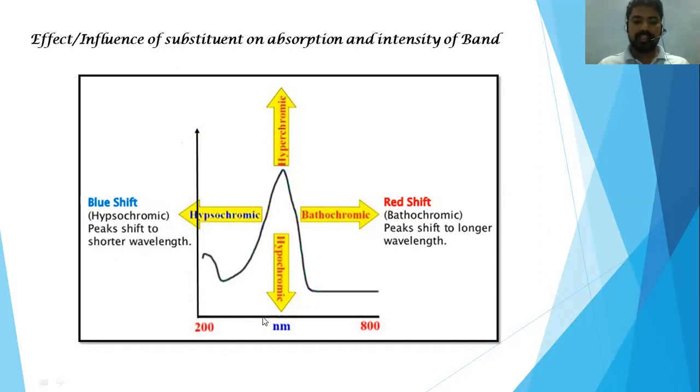Now you can see this is the UV visible band of an organic compound. Let me annotate here.